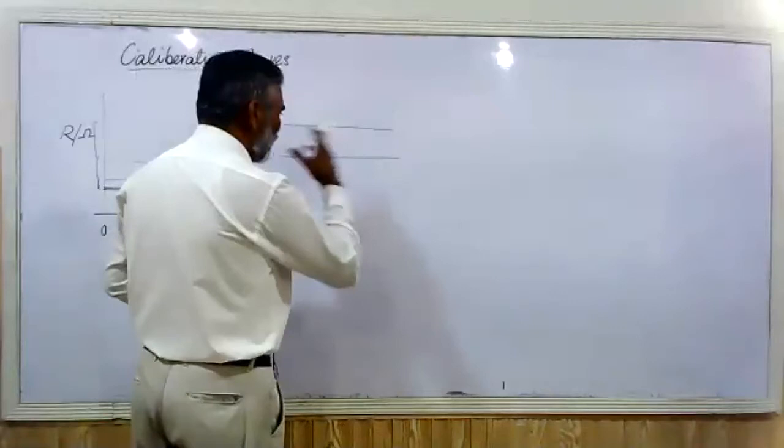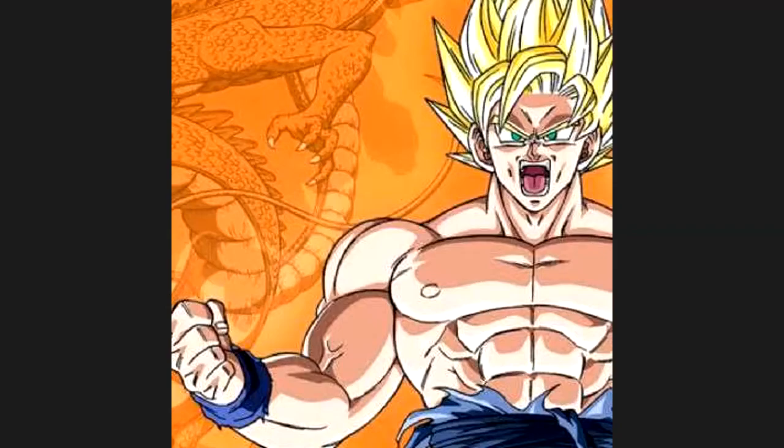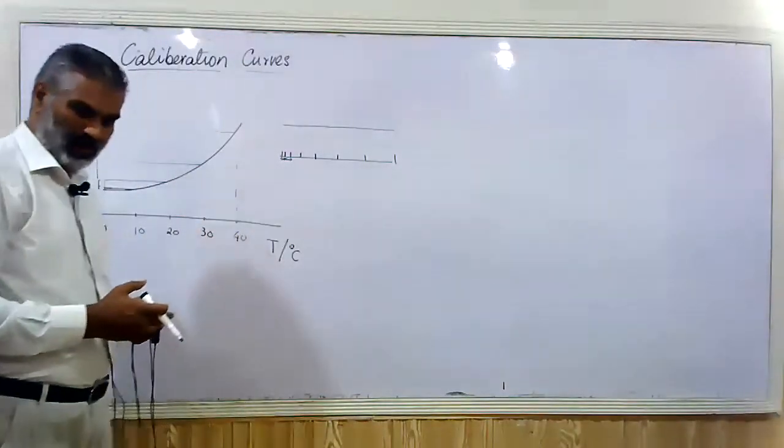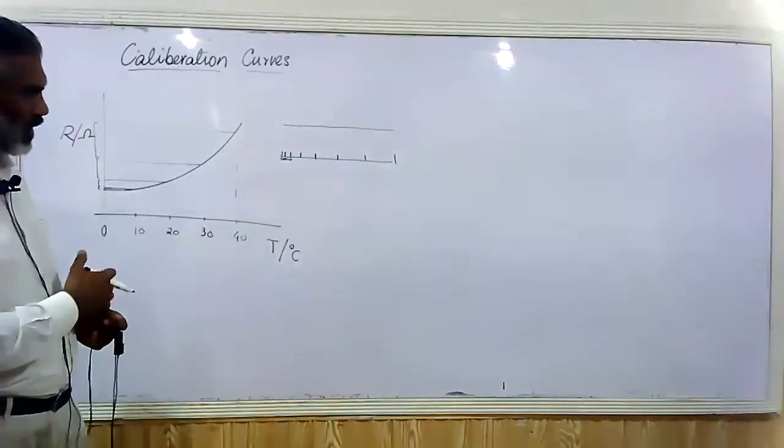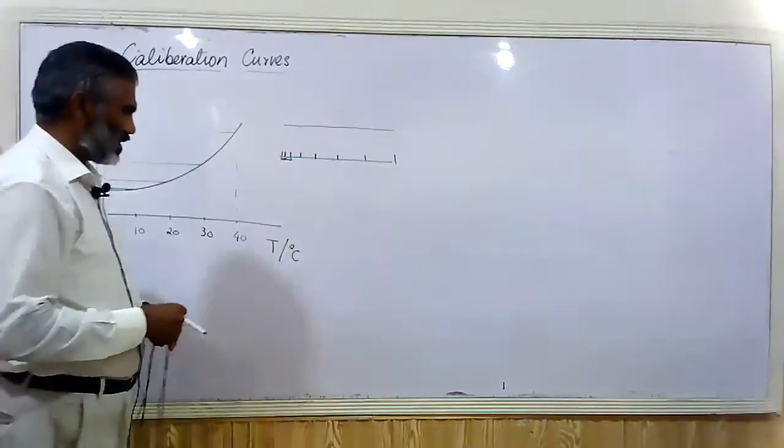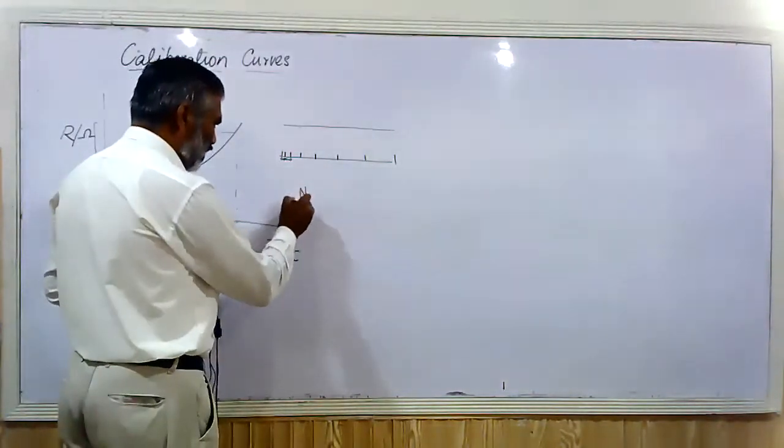So a scale may look like this. That means during this division, the increase in 10 degree, and during the next 10 degree rise in temperature, the resistance changes. Now this is the type of scale in which the division has smaller size in the beginning and then its size changes. This is known as non-linear scale.